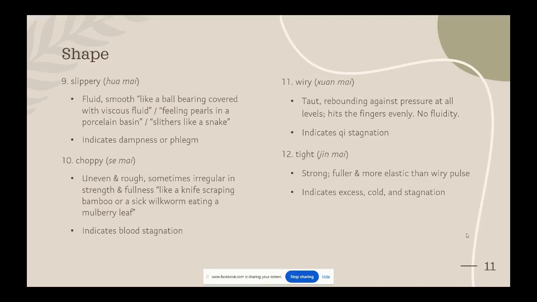But there's going to be some kind of roughness to it, or an irregularity to its strength and fullness. So not an irregularity in terms of rhythm, but in terms of texture or strength. And this indicates blood stagnation. If it's also thin, this could indicate underlying blood deficiency.